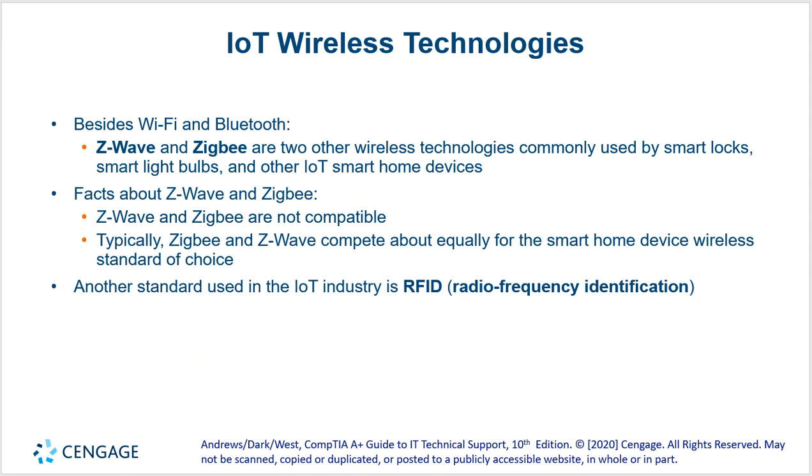Besides Wi-Fi and Bluetooth, there are technologies called Z-Wave and Zigbee. Now, these two guys are similar, but they're not the same. So you're either Z-Wave or you're Zigbee. Commonly used for smart locks, smart bulbs, your smart fridge, your smart toaster, all that sort of stuff.